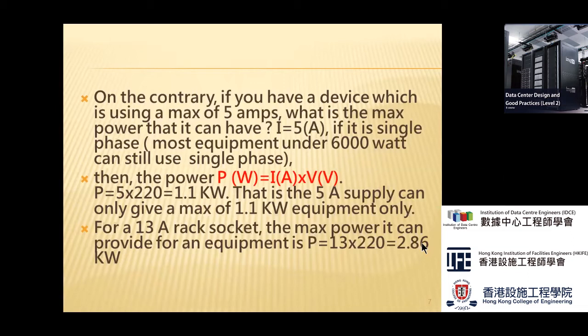So anything which is more than 6 kilowatts, I believe you cannot use two bars of 13 amp socket bar anymore, because each 13 amp socket bar, no matter how many sockets on the bar, only gives 2.86. If you multiply by 2 bars, you only get 5.72, which is not enough for 6 kilowatts.